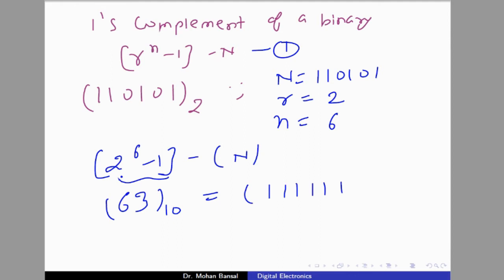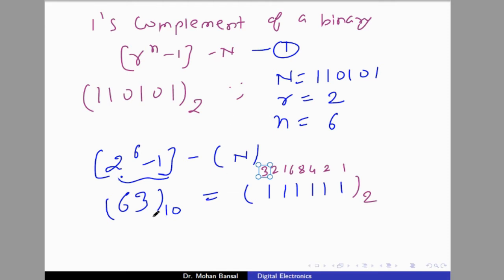If we write 32, 16, 8, 4, 2, 1 and add all those, 32 plus 16 is 48, 48 plus 8 is 56, 56 plus 4 is 60, 60 plus 2 is 62, 62 plus 1 is 63. So this is the binary representation of 63 in decimal.